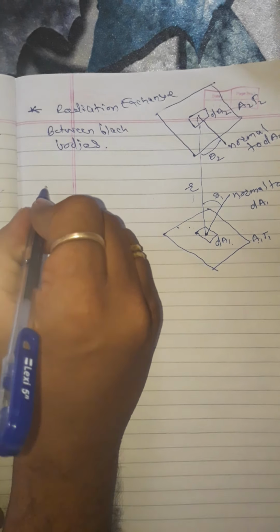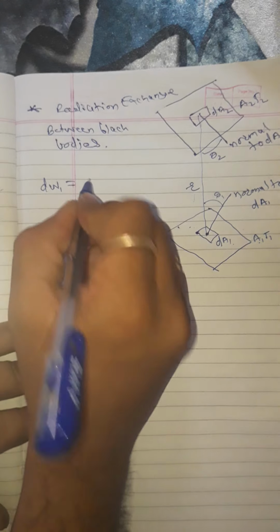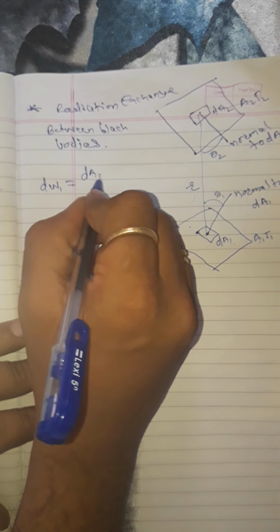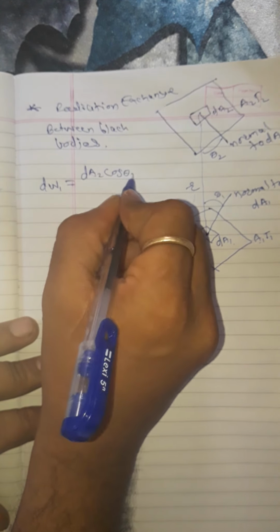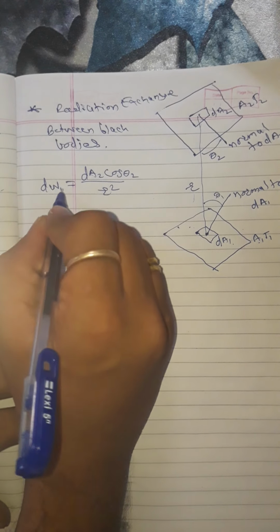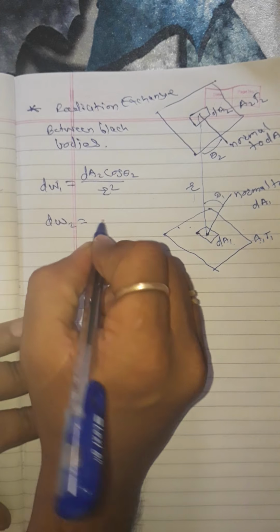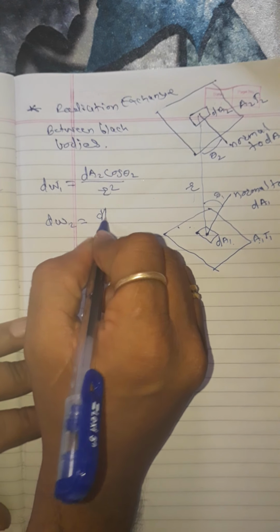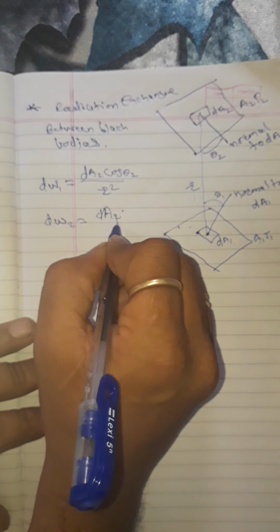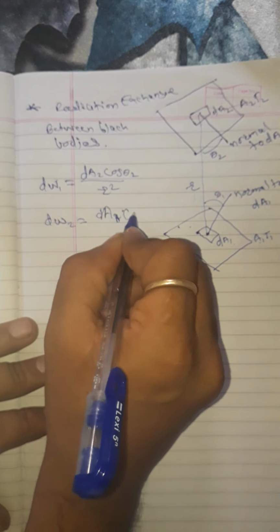So we have d omega 1 is equal to dA2 cos theta 2 divided by r square, and d omega 2 is equal to dA1 cos theta 1 divided by r square, right?